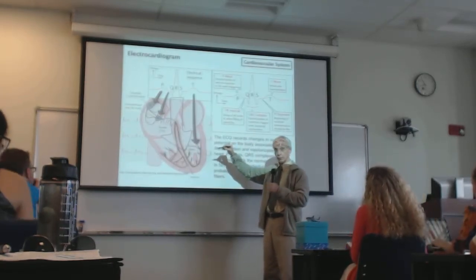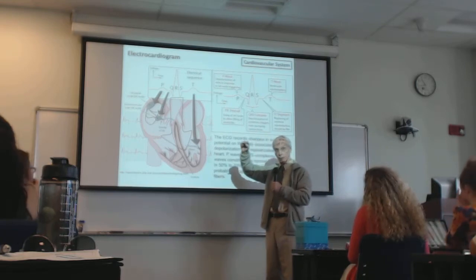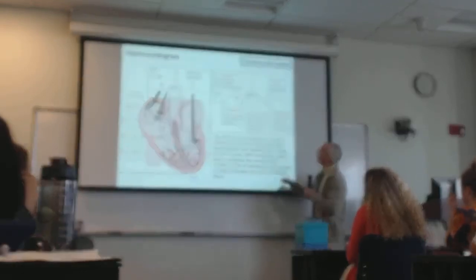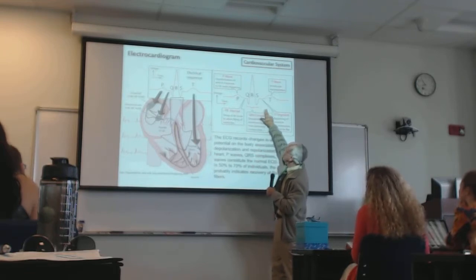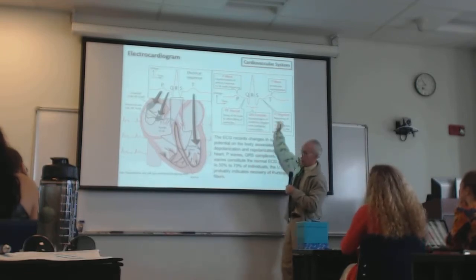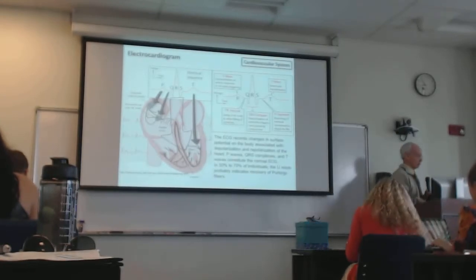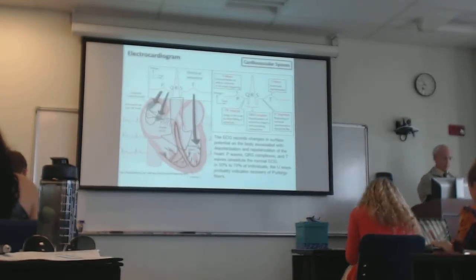And hopefully by now you remember why that plateau phase occurred. But that's going to correspond to this interval in here, that plateau phase of the contractile myocyte. And then T, they don't show us very well, but that tends to correspond to ventricular repolarization.